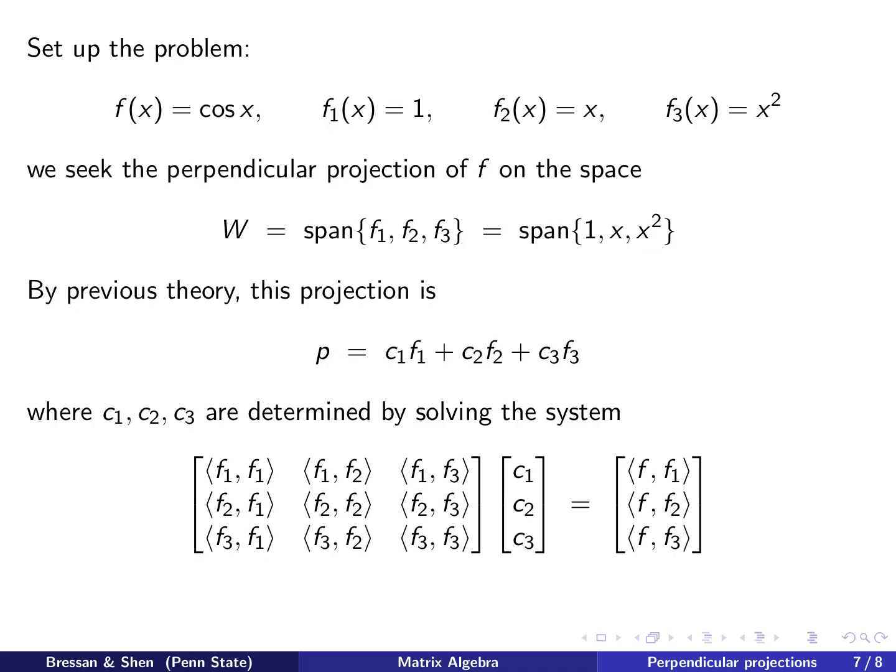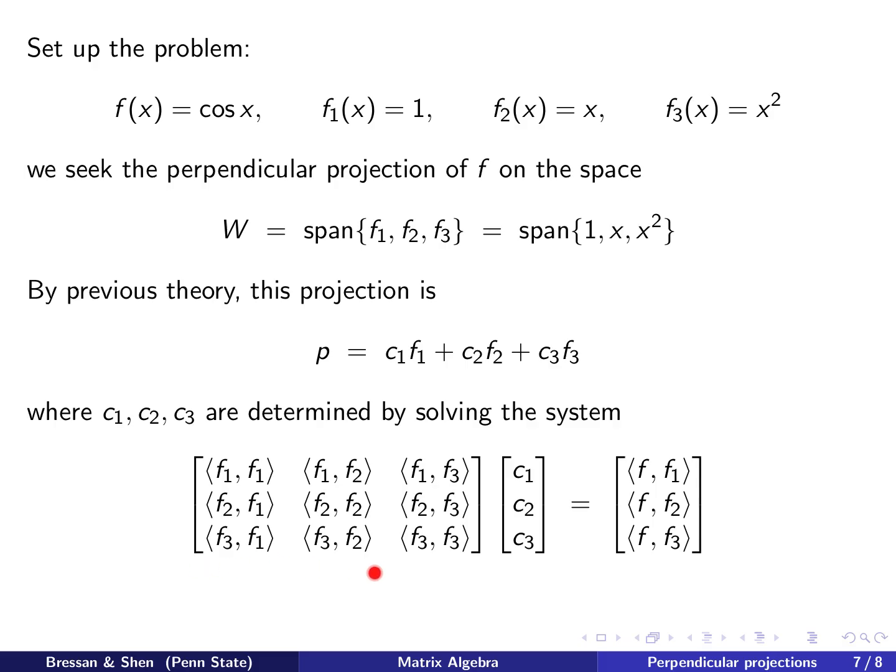Okay, and then by the theorem on vector space and projection, we know that we are finding this projection as a linear combination, with C1, C2, C3 being the coefficients, and these coefficients are determined by this linear system.